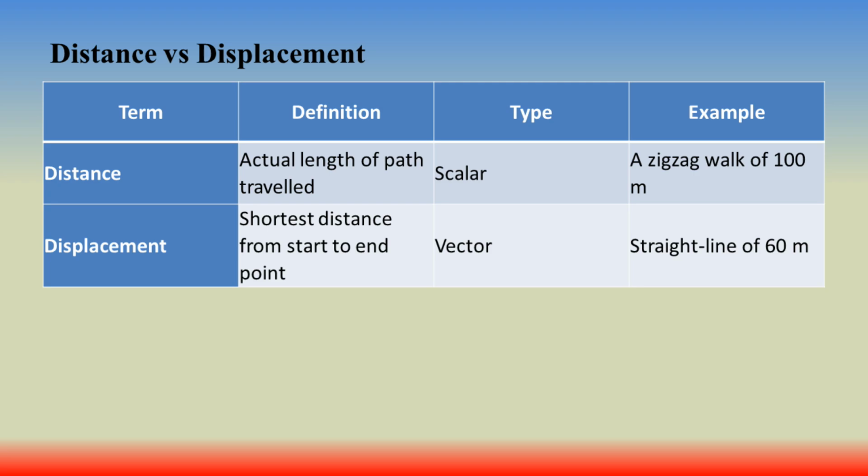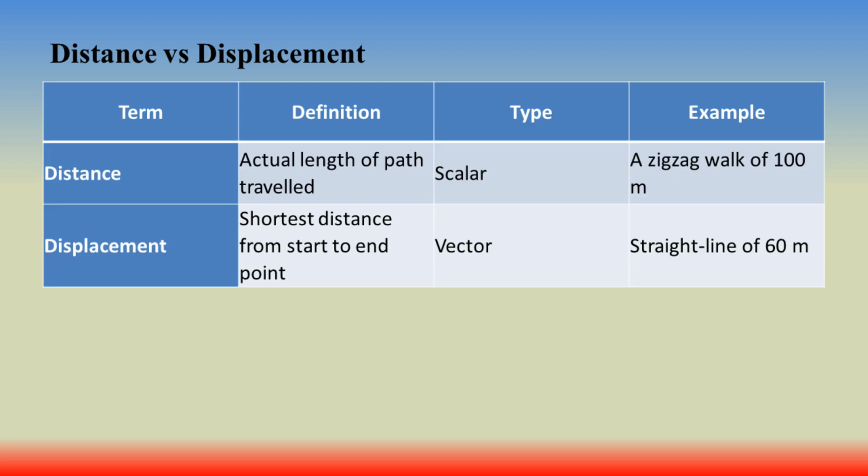Distance versus displacement. Now, what is the difference between distance and displacement? Distance is the actual path length covered by an object. It is a scalar quantity, meaning it only has magnitude.